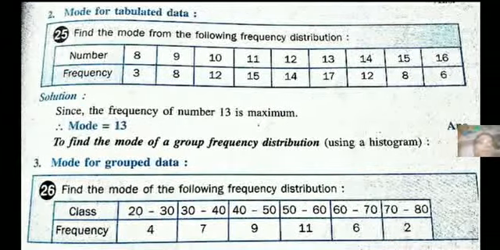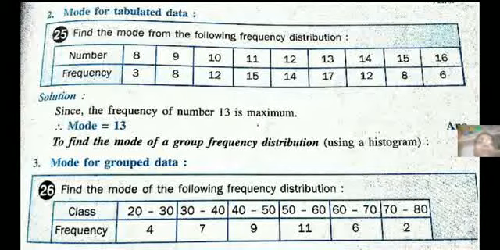Okay. Next, how to find the mode of tabulated data when frequency is given. In such cases, how to find the mode. You can see here a frequency distribution given in the upper question. Number 8, frequency 3; 9, 8; 10, 12; 11, 15; 12, 14; 13, 17; 14, 12; 15, 8; and 16, 6.